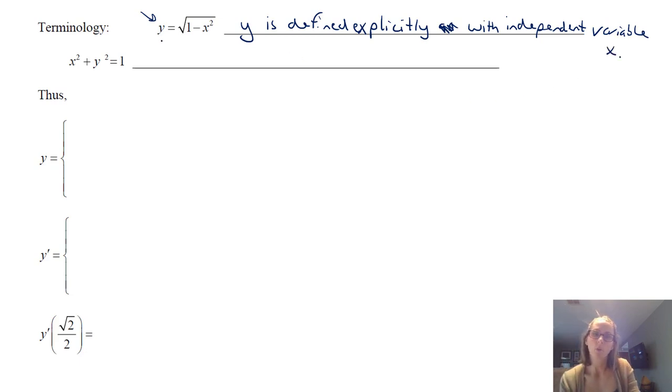Now in this case, y is a function of x. I mean, this is a function and x is the independent variable, and that allows us to find y.